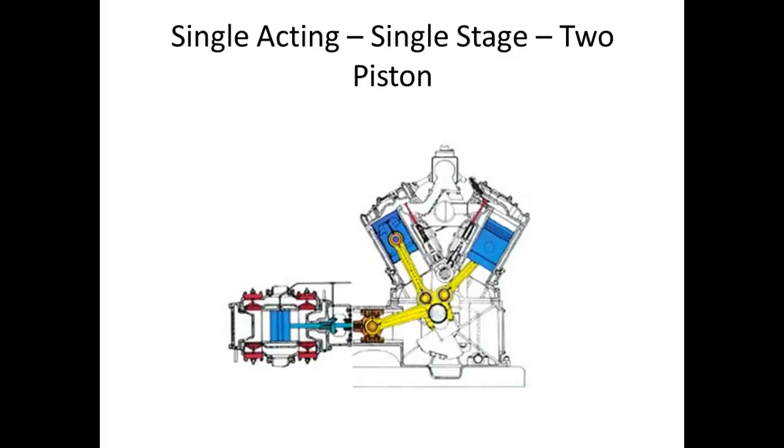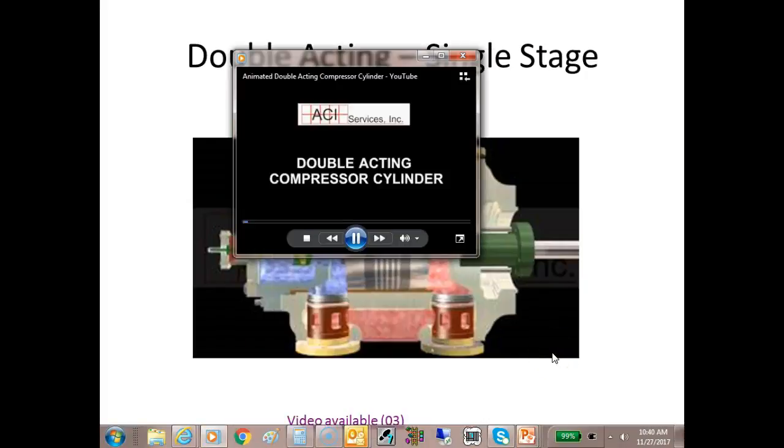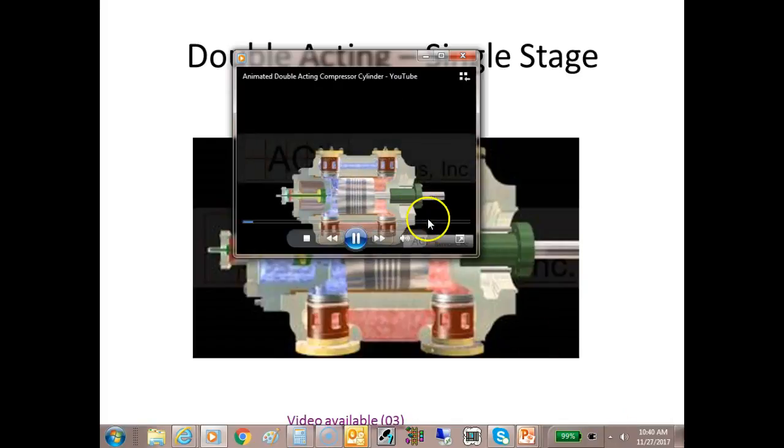This would be two pistons. That would be the video I showed you. This is a double acting, single stage compressor. So you notice on the double acting, it compresses on both strokes, right? See that?